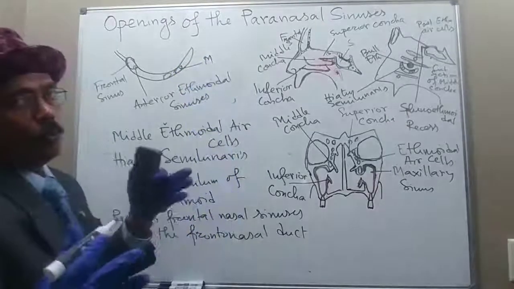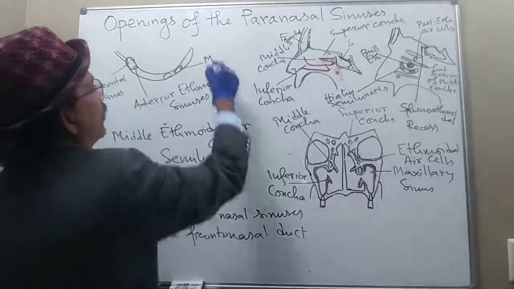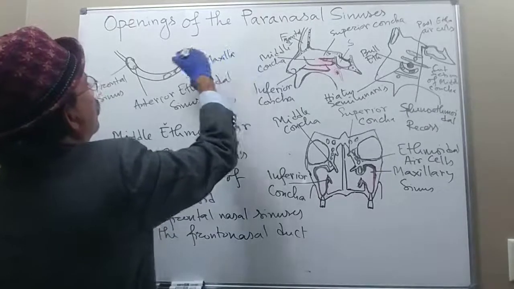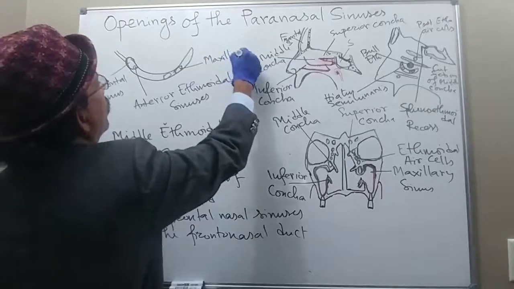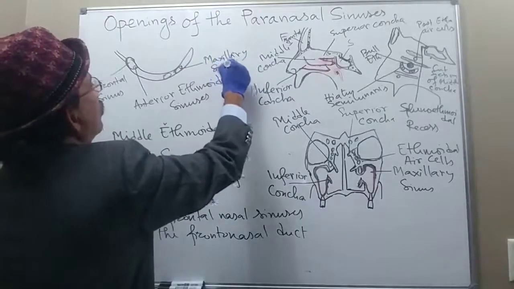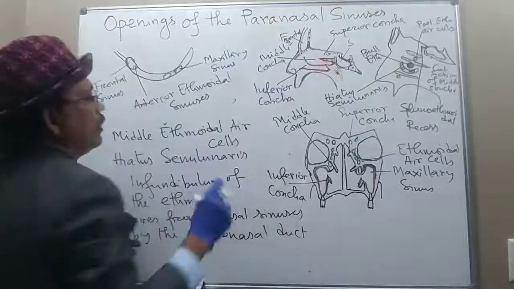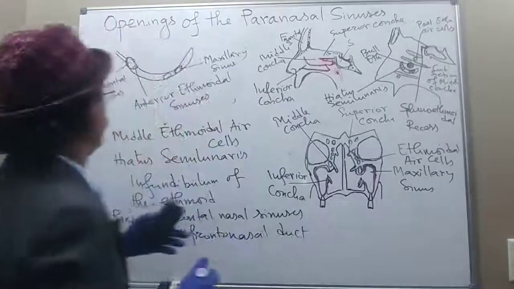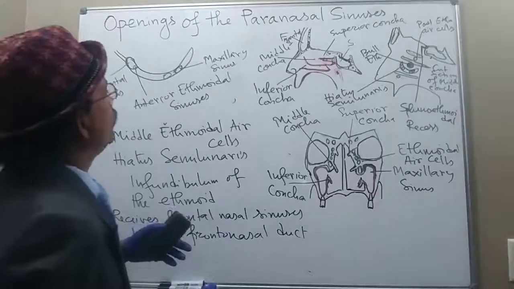We may have more than one opening for each maxillary sinus. So this is the opening in the posterior part of the Hiatus Semilunaris for the maxillary sinus, on each side, on both sides. We got that? The opening there.